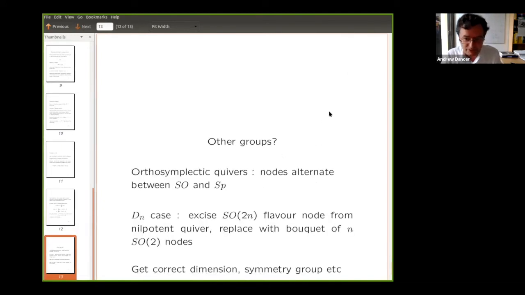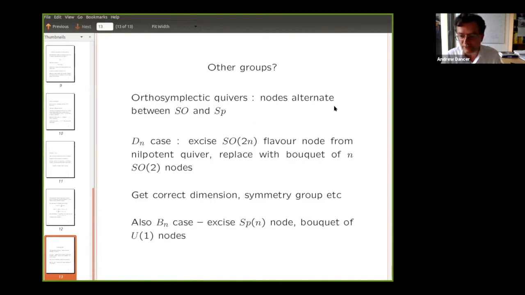So perhaps in the last few minutes, let me mention some more recent work. So we've been looking at unitary quivers. Well, you can try and play a similar game for orthosymplectic quivers.